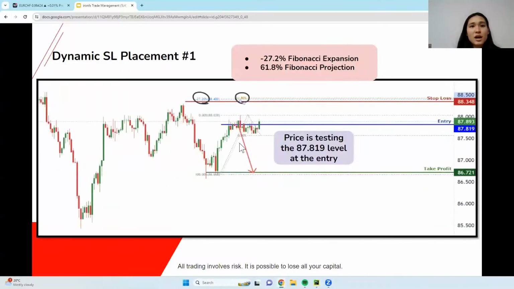We see price testing this entry level that's in line with the 100% Fibonacci projection. We also have a stop loss level at this swing high here, but we're placing it slightly beyond it in line with the minus 27.2% Fibonacci expansion, as well as another 61.8% Fibonacci projection.